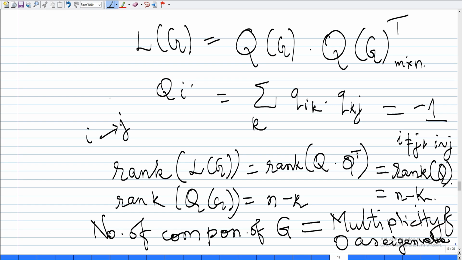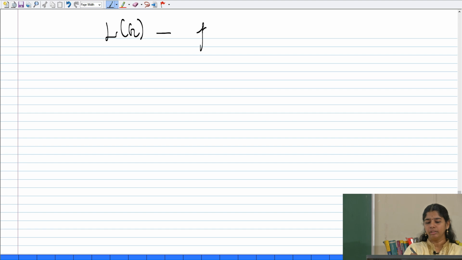And we can also see that since we have Q transpose Q as my Laplacian, there is also another interesting property of L of G. I do not know how many have heard of positive semi-definite matrices.